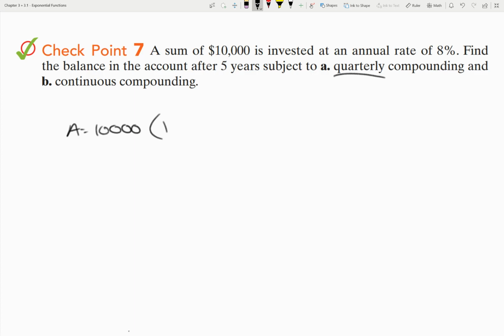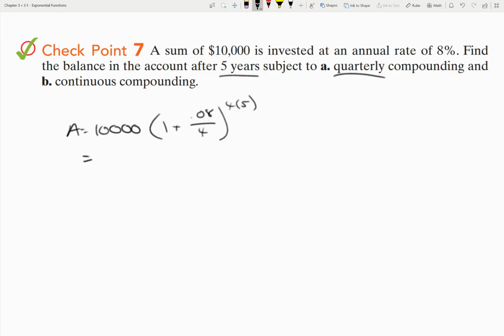So that's 1 plus 8 percent, 0.08 over 4, for 5 years, so 4 times 5. Calculating this, and this one is good because nothing else changes except for the compounding, so we can see the effect of the continuous versus the quarterly compounding, with everything else being the same.